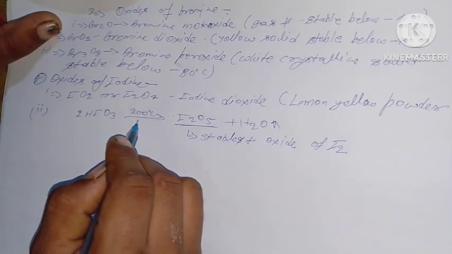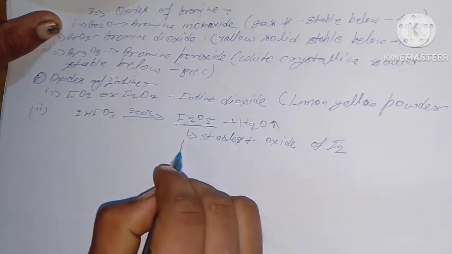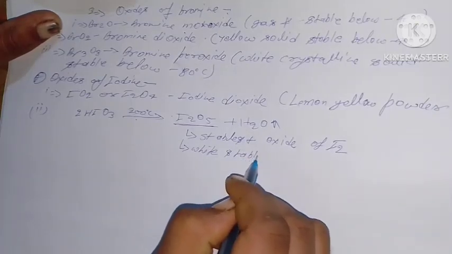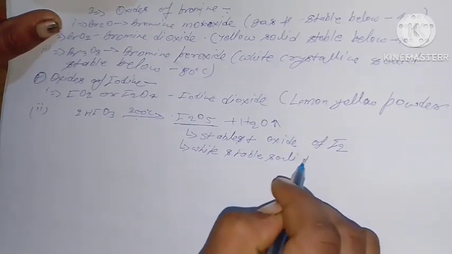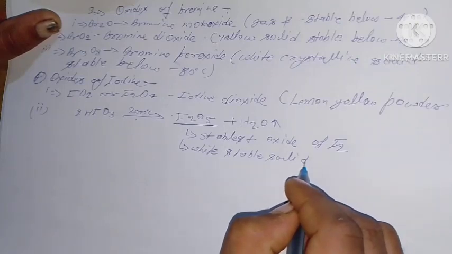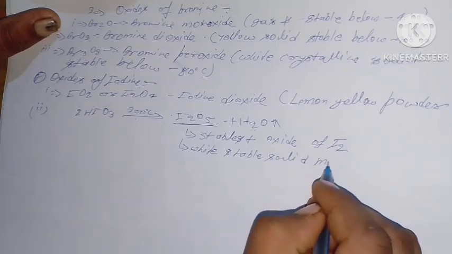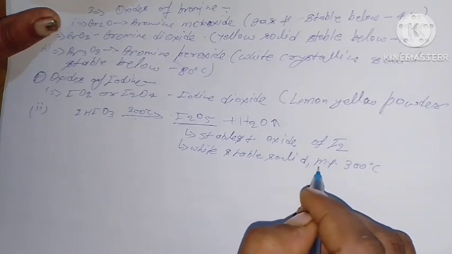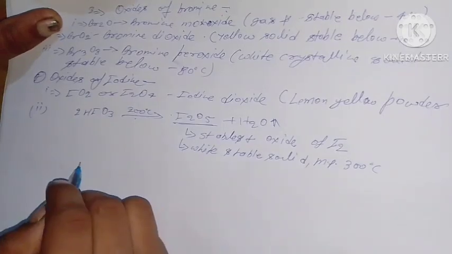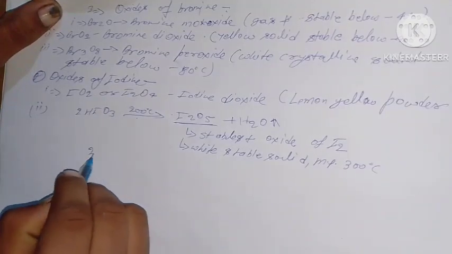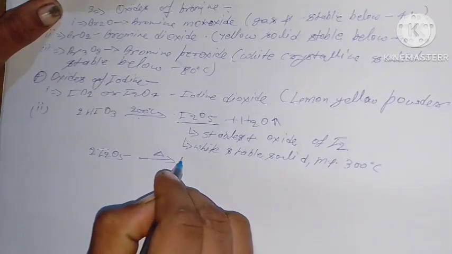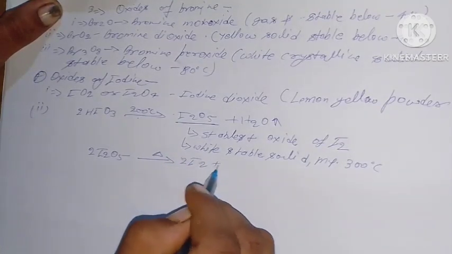It is a white stable solid with melting point 300 degrees Celsius. On heating, it decomposes into iodine and oxygen.